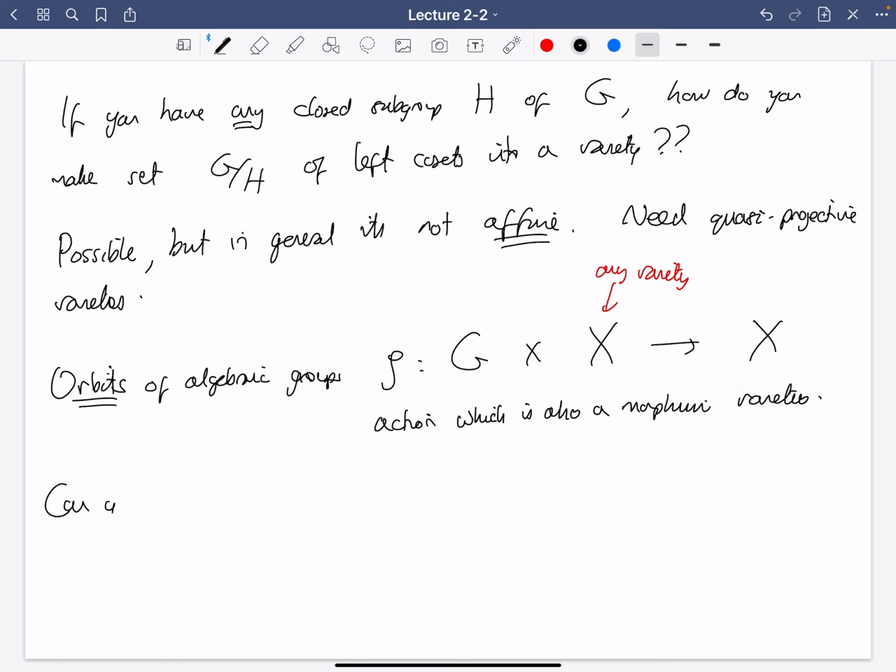Can you make orbits of G on X? So if you've got an algebraic group G acting on a variety X, can you make orbits, things like G dot x for x in X, into varieties too?